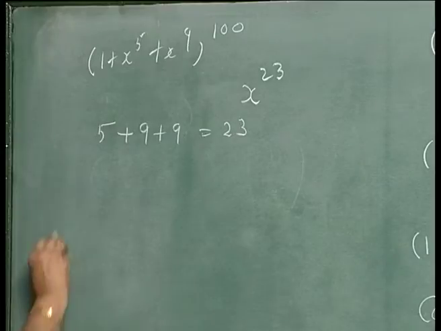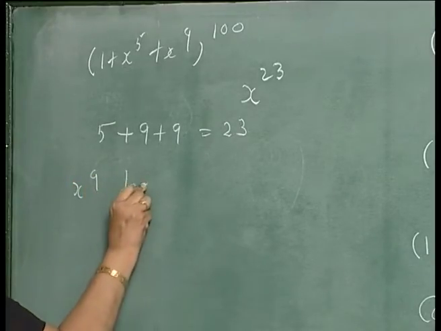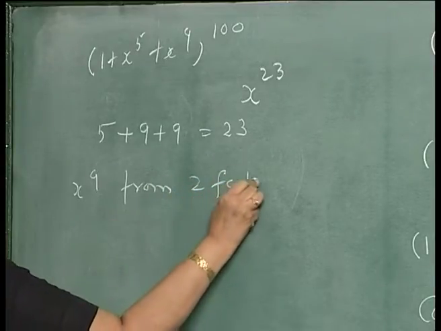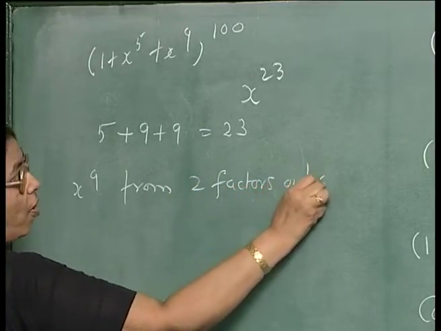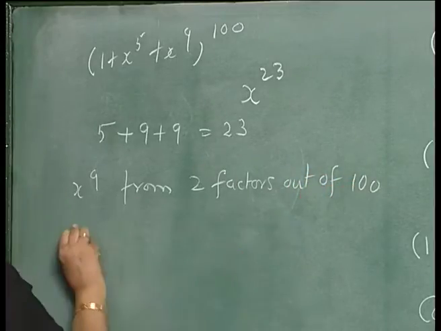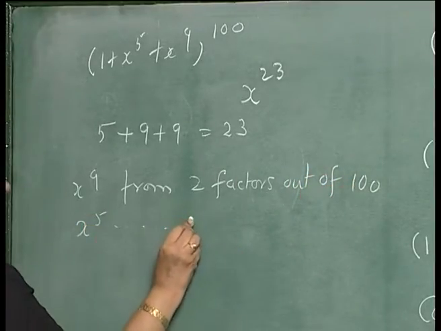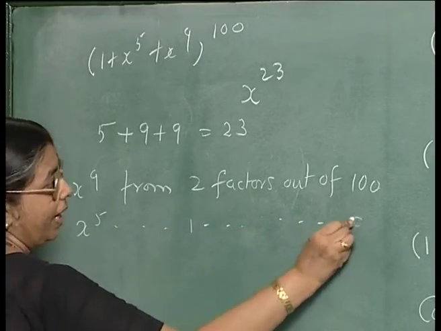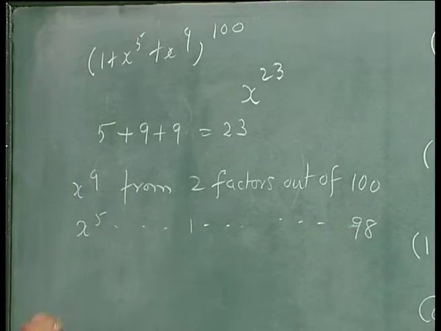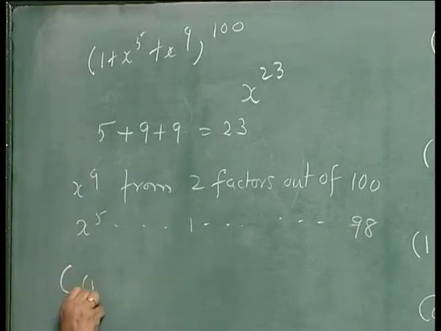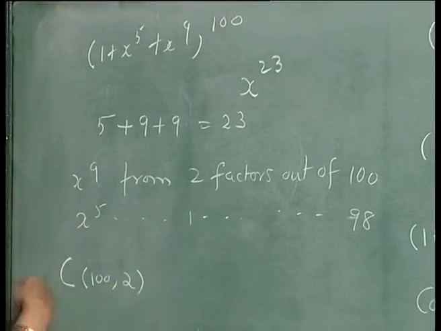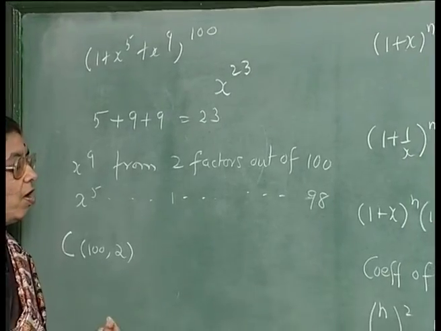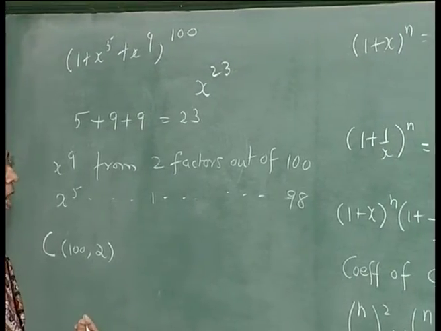So you have to select x power 9 from 2 factors out of 100, and you have to select x power 5 from 1 factor, that is out of the remaining 98. So it will be 100C2. From 2 factors you are selecting x power 9. After doing that, you will be left with 98 factors from which you have to select 1 x power 5.